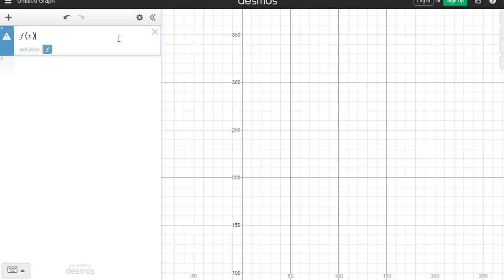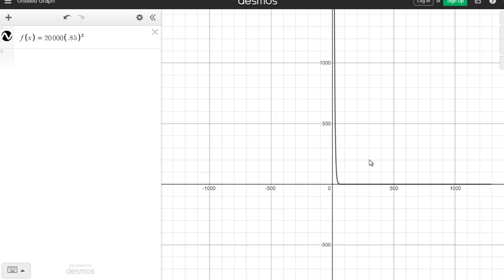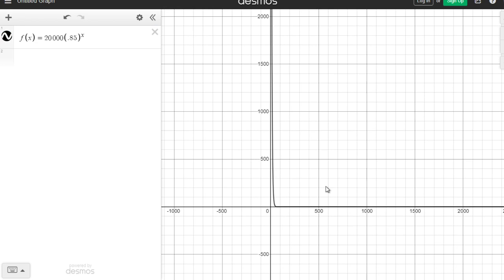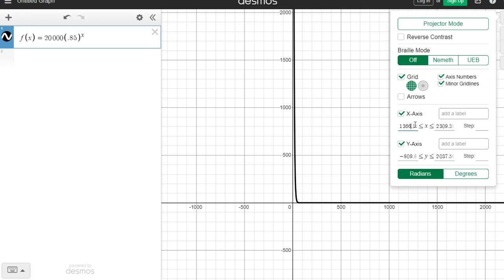So my first formula was talking about his depreciation. So I'm starting at $20,000 and I'm losing 15% of it per year. And if I zoom really far, you can kind of see that, right? Maybe I should change my x-axis a little bit on my graph.